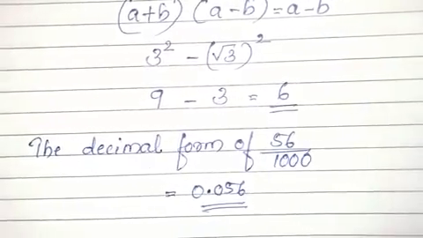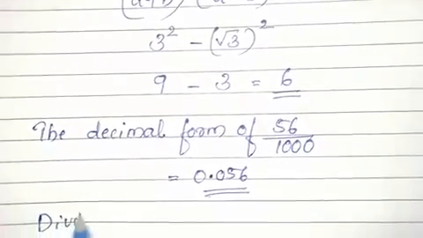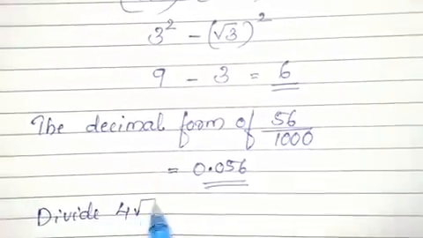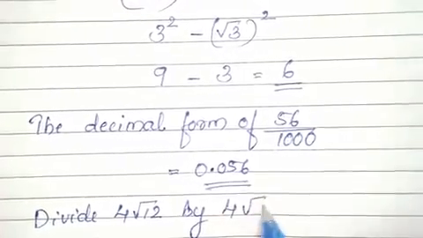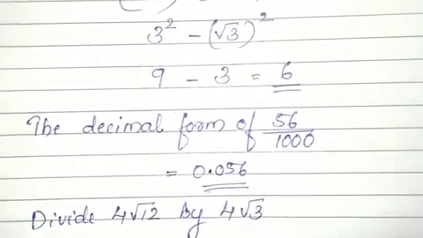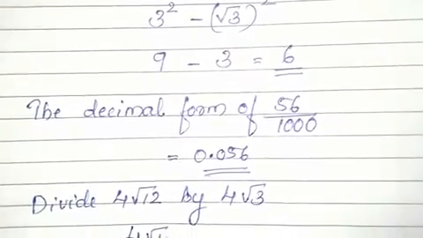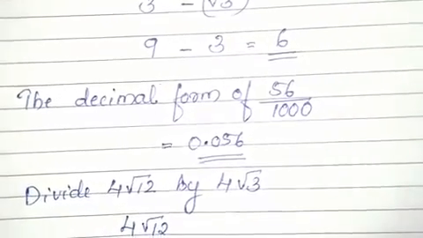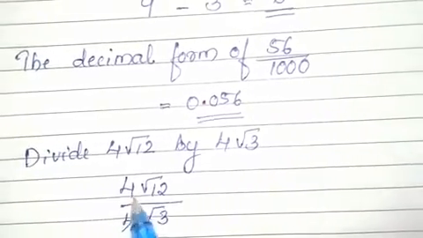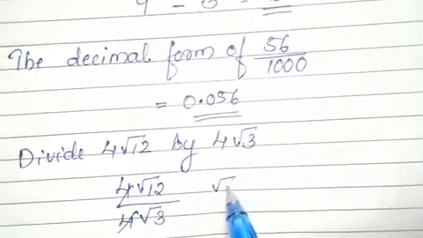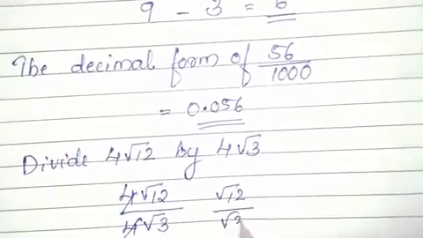And the next question is divide 4√12 by 4√3. So we should write like this: 4√12 divided by 4√3. So here we should cut this 4 and this 4. We will get √12 by √3.